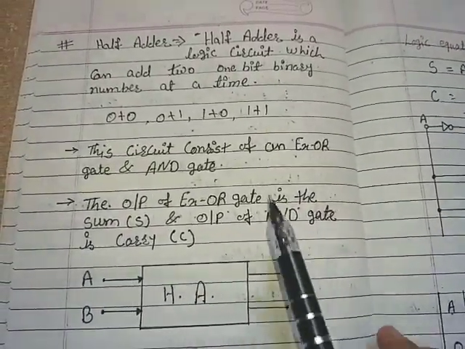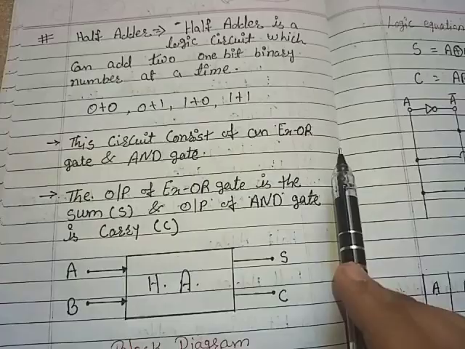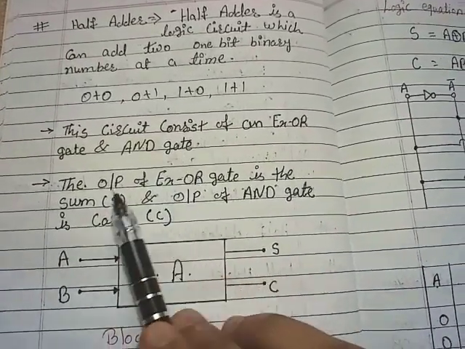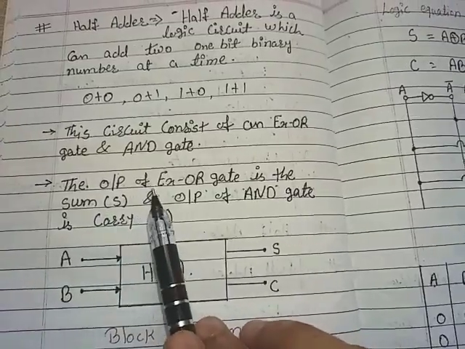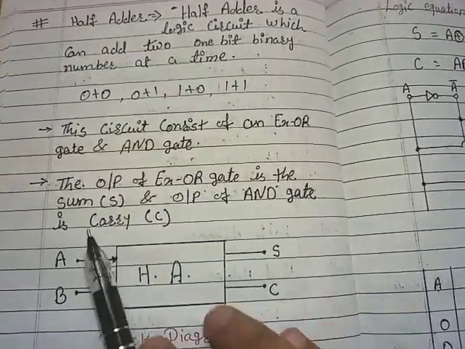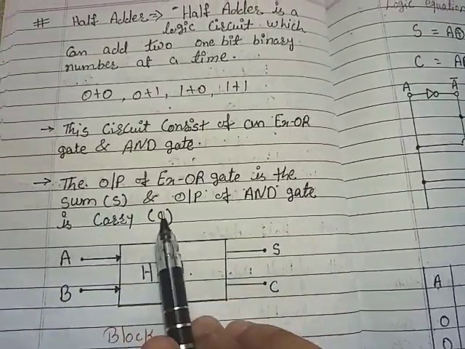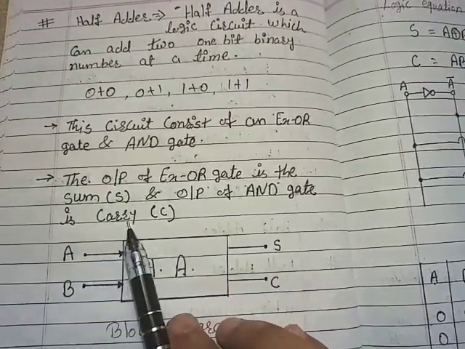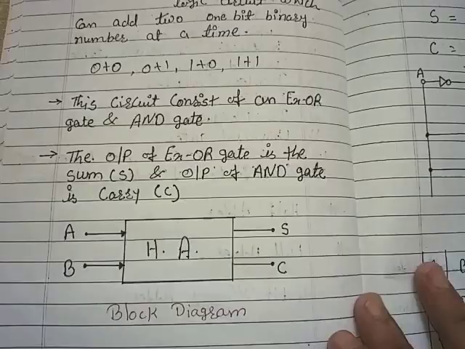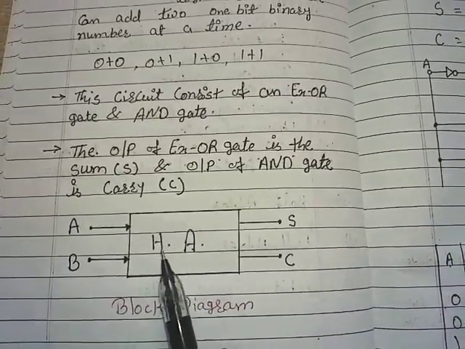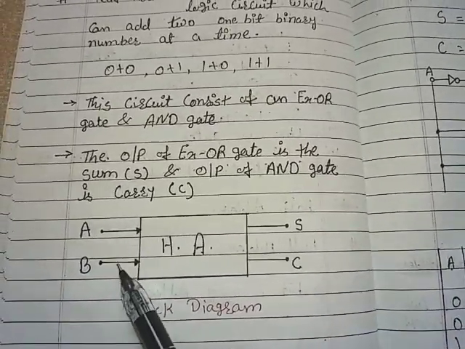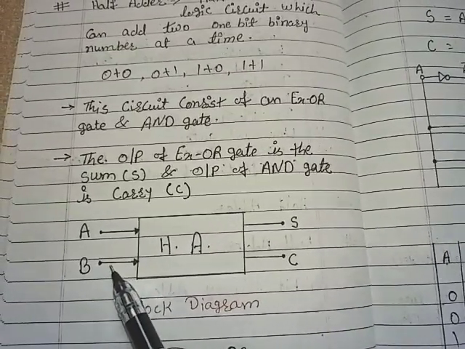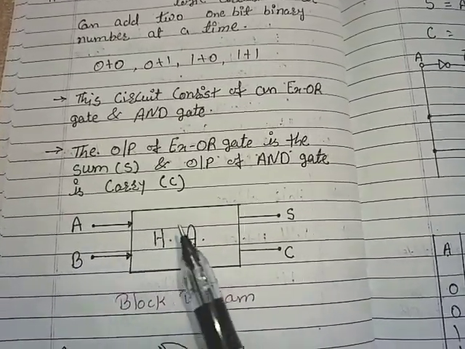This circuit consists of an XOR gate and AND gate. The output of XOR gate is the sum, that is S, and the output of the AND gate is the carry, that is C. Here is the block diagram of half adder where A and B are two binary numbers of 1 bit.